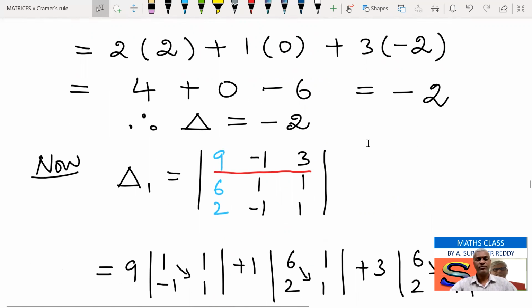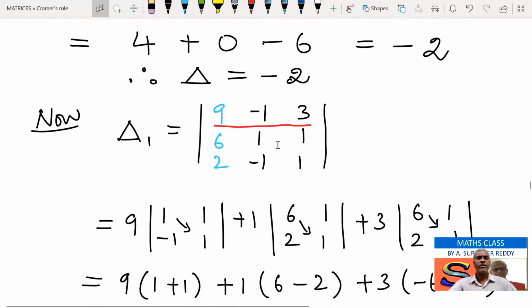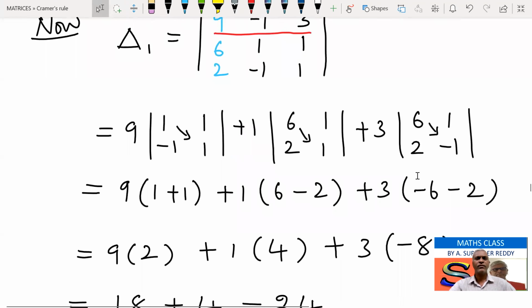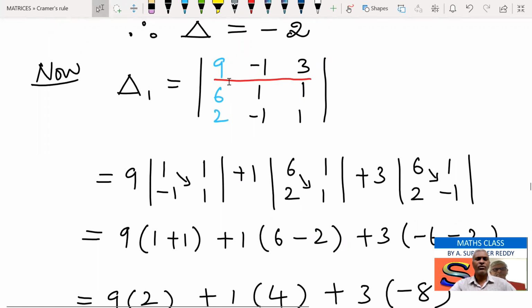Now delta 1. This is the determinant obtained by replacing the first column with the constant matrix D. Same procedure. 9 into, except 6 2, remaining 4; minus 1 becomes plus 1.